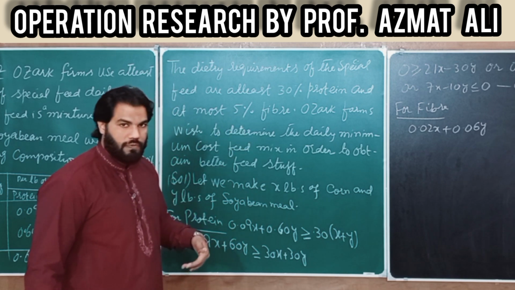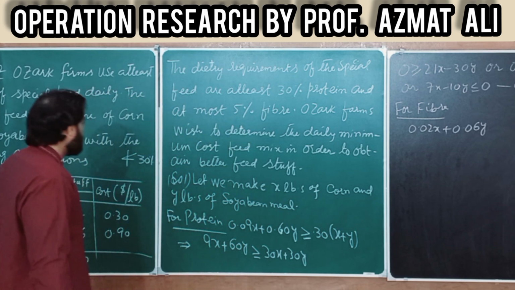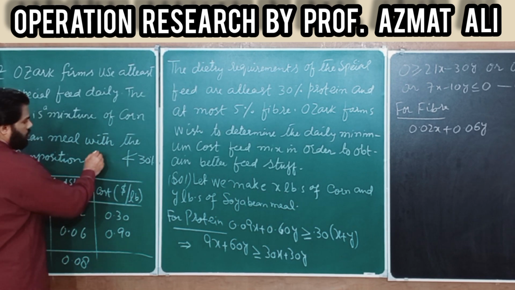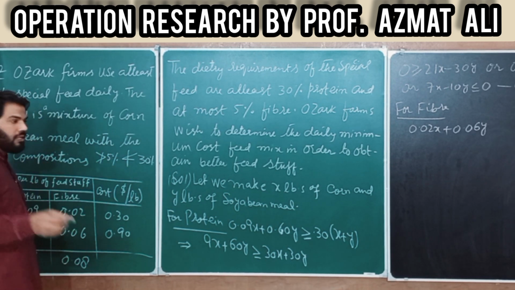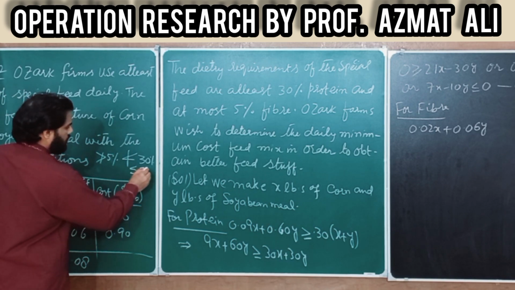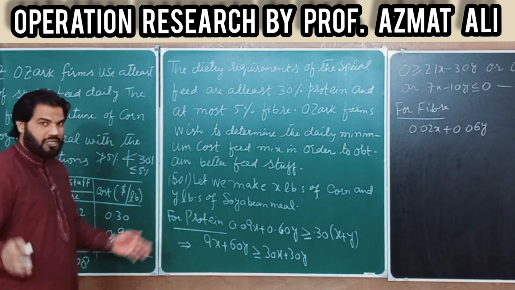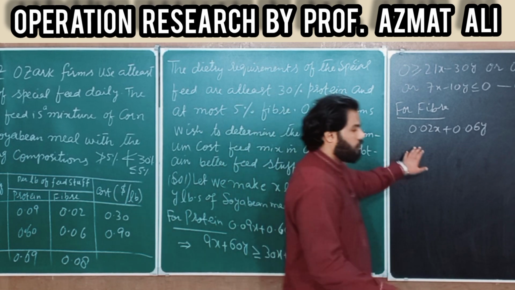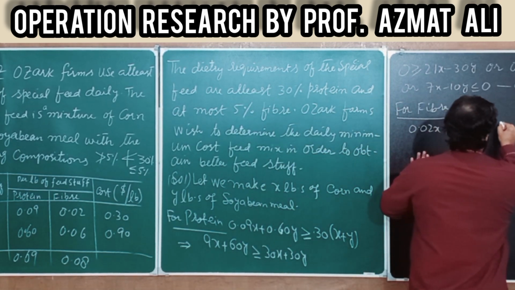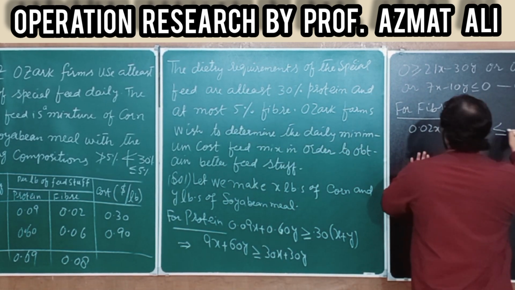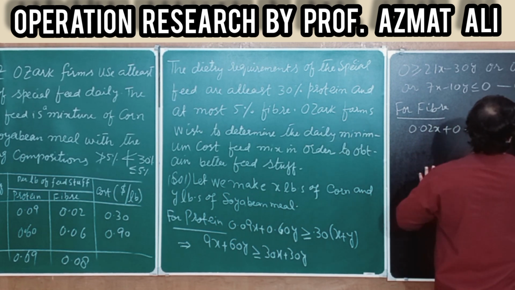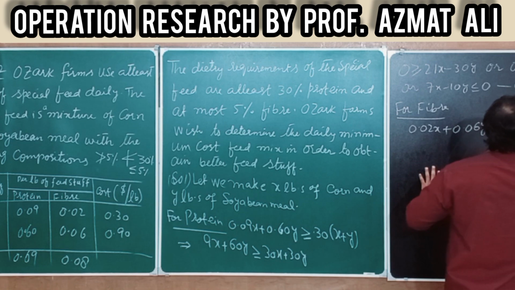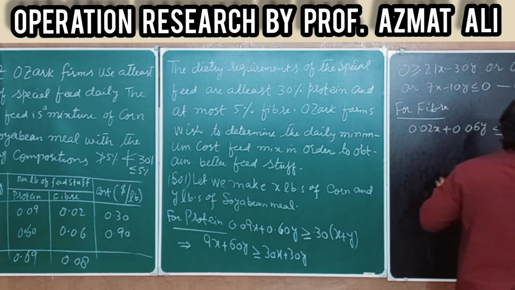At most 5% means not greater than 5%. This will be less than equal to 5% of total quantity. Total quantity is x plus y. So for fiber, the right side will be less than equal to 5%, that is 0.05 of total quantity x plus y.